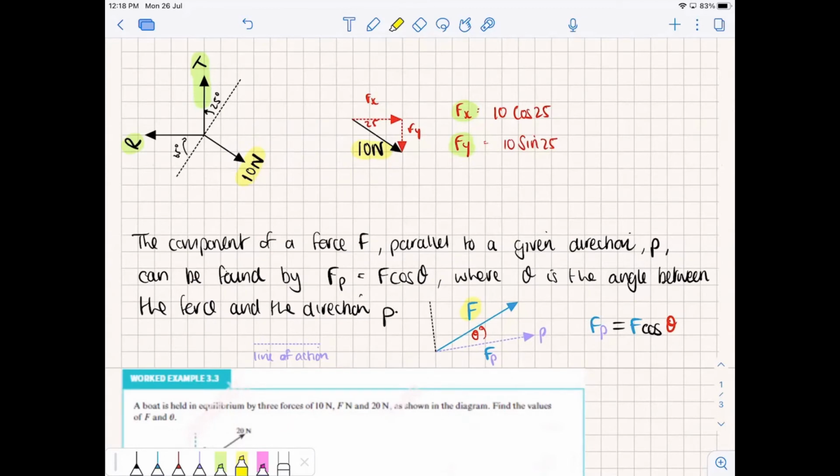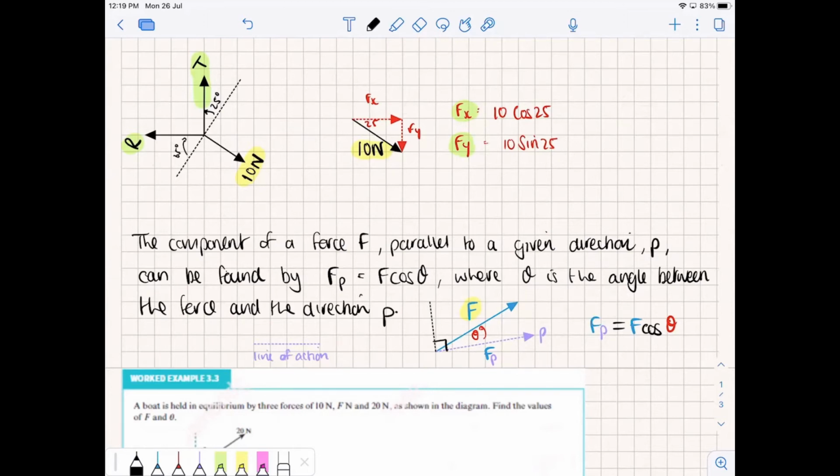If we change the line of action, you'll notice my line of action is my purple line. If we change the line of action, we need to know the angle that the new angle creates. But the important thing I want you to notice is that it still creates a 90-degree triangle, and we can still separate these into two components.